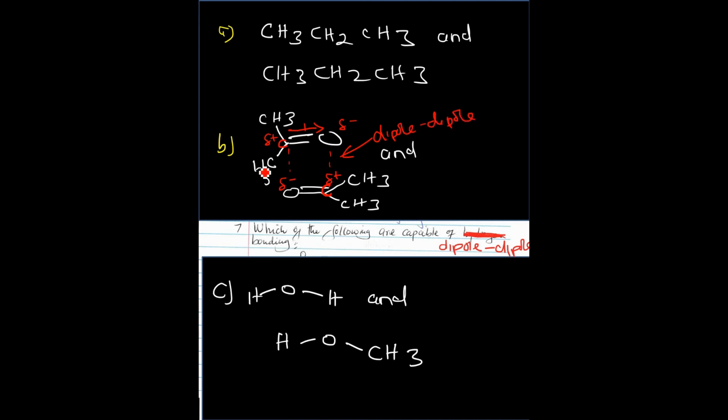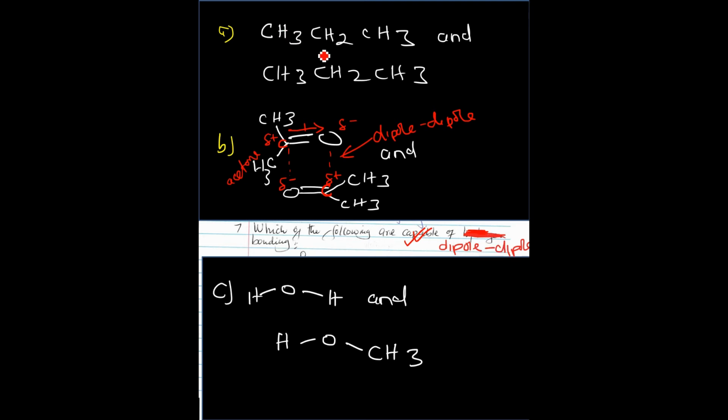So acetone, which is nail polish remover, you don't need to know that, but anyway, you just look at the structure and judge if two molecules of acetone will do dipole-dipole. So these two molecules can do dipole-dipole, as the question asks. I modified it to ask you for dipole-dipole.